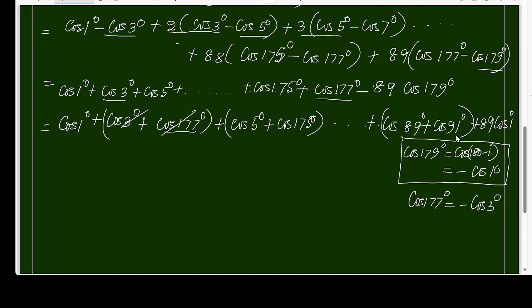Similarly, cos 91 is negative cos 89. So they will cancel each other. So ultimately at the last I am getting 1 cos 1 degree plus 89 times cos 1 degree, because cos 179 is the same as cos 1 with a negative sign, and negative negative is positive. So this will be 90 times cos 1 degree.